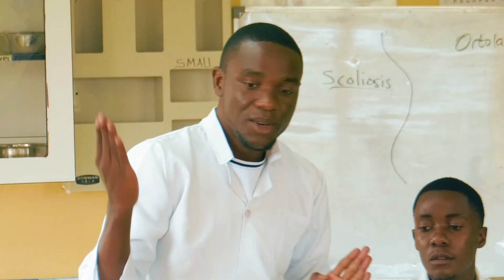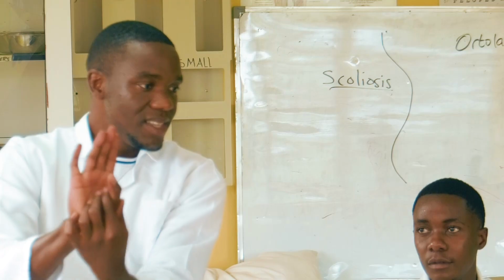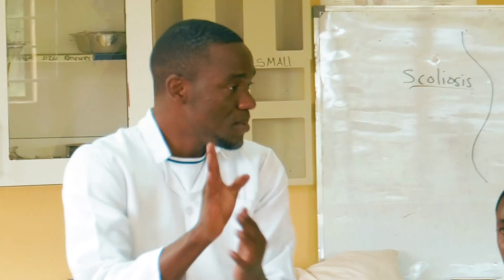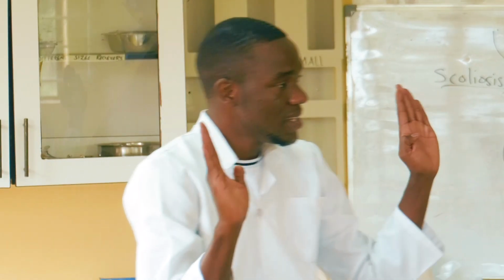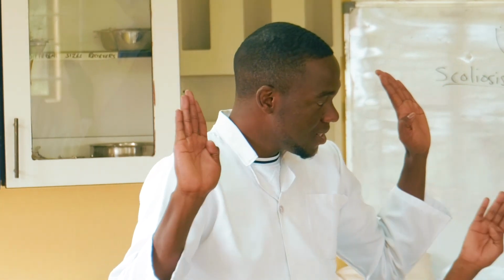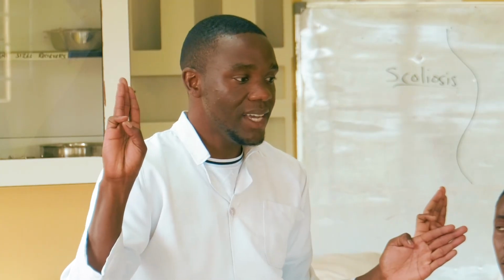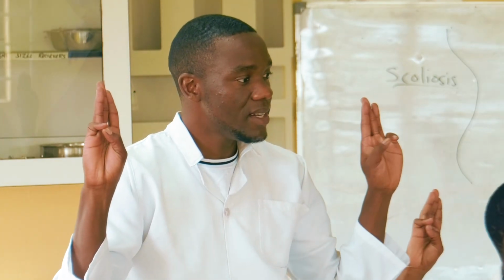Then the other one, we want to see if the joints are having some problems. The coordination of the what? The fingers. So now you do this. Then we get this finger and you touch it. Are we having some pain?